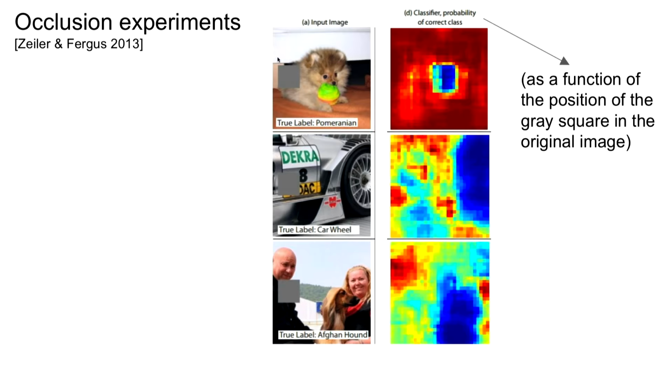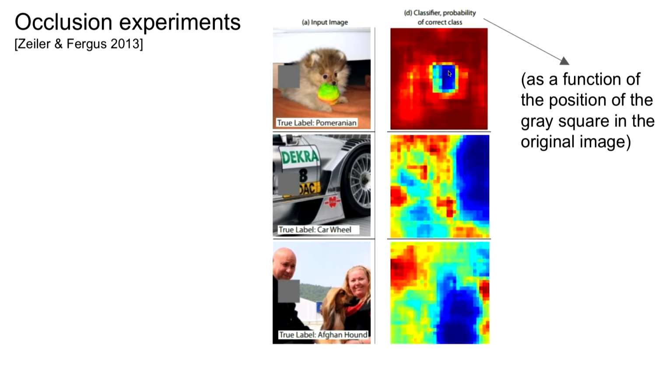In other words, if I move this gray square up here or over there, the intensity of the Pomeranian output is very high and close to 1. If I move the gray rectangle right over his face and cover his eyes and nose, the softmax prediction for Pomeranian shrinks and goes much closer to 0. Is that making sense?